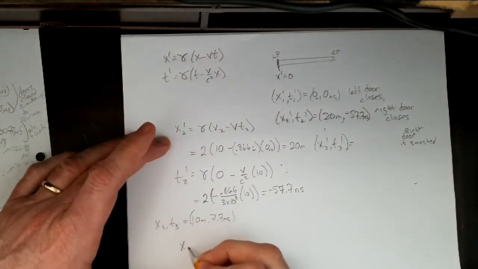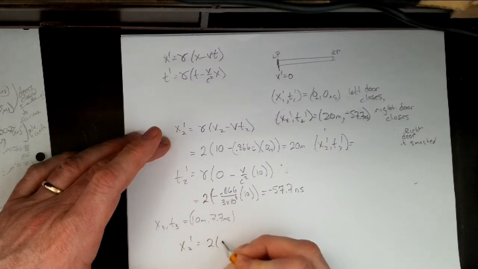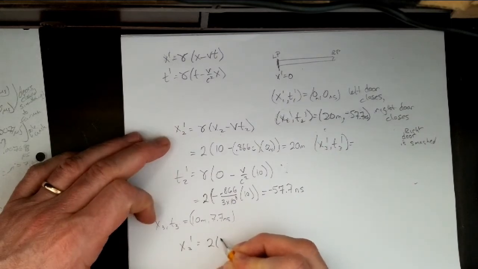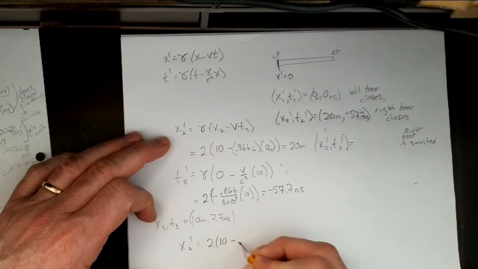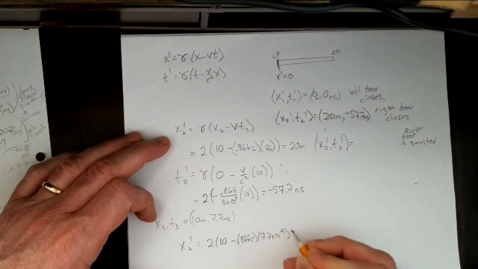And so x3 prime is equal to 2 times (x3, which is 10, minus v, 0.866 times the speed of light, times 7.7 times 10 to the negative 9th seconds).